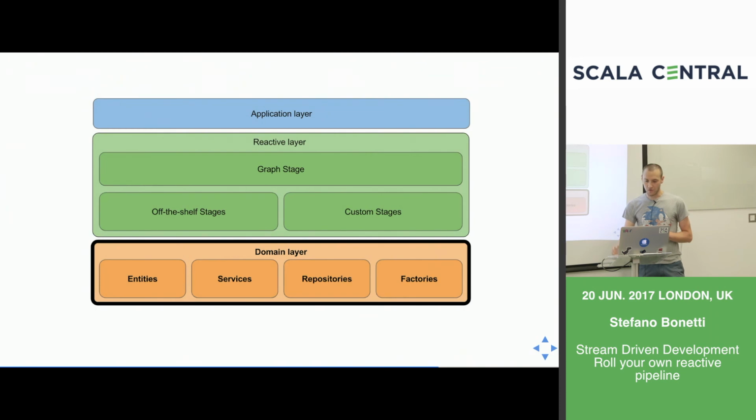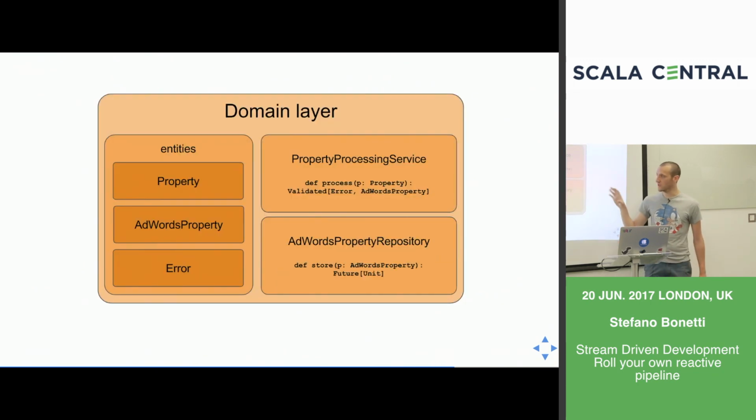So moving on to the domain layer. This is where your business logic lives, and this layer doesn't know about Akka, doesn't know about streams. We actually put all the business logic here. The stuff we've got in here has been driven by the design decisions that we've made in the reactive layer.